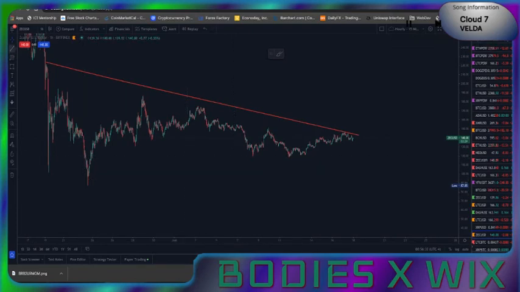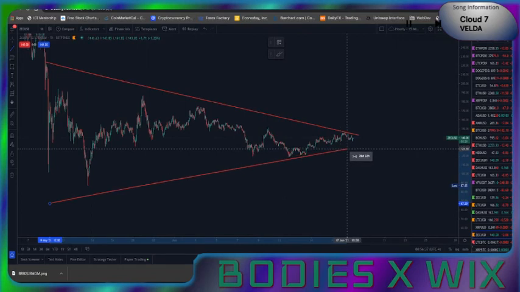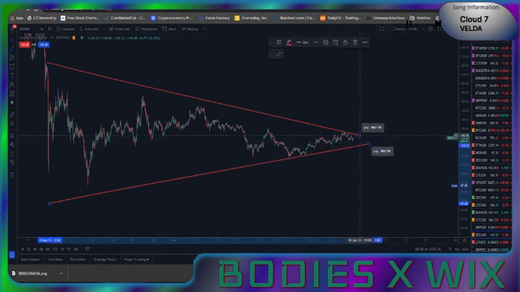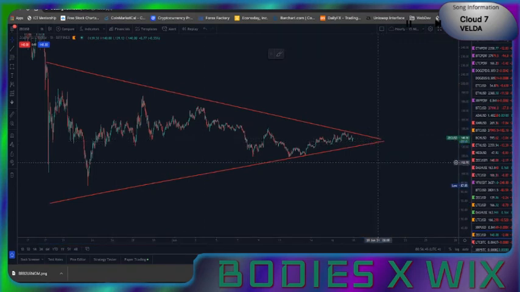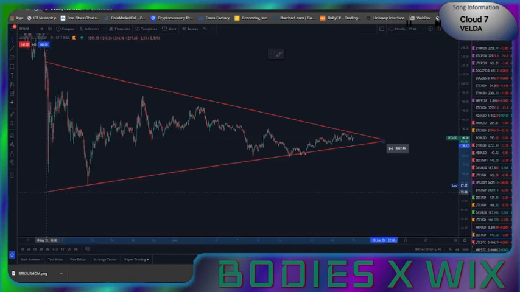It looks like it's doing the same thing that the Ethereum was doing, trying to create some kind of faux triangle here, and that's just not how smart money works.